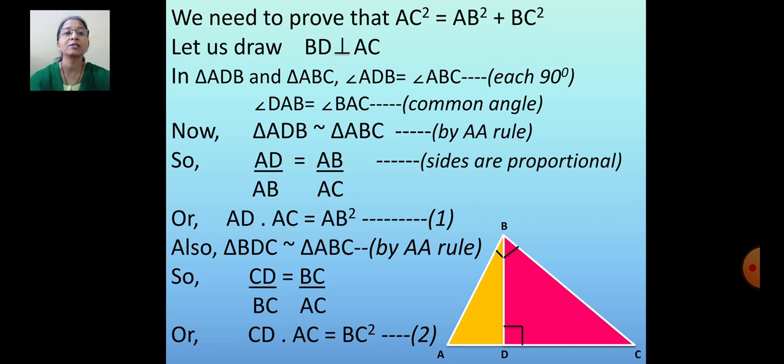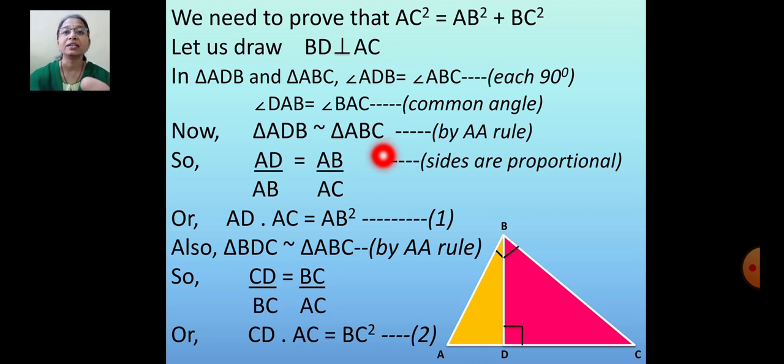Children, see the one-one correspondence. A is the common angle, so vertex A corresponds to vertex A. Now D is 90 degrees and in the bigger triangle B is 90 degrees. So D corresponds to B, and the remaining third vertex B corresponds to vertex C of the bigger triangle.